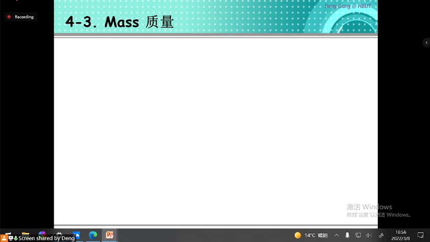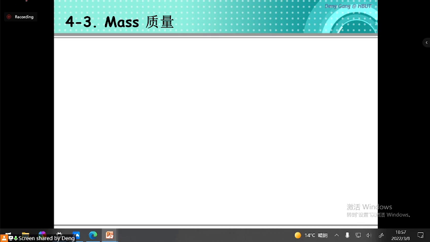So Newton's first law is about the case when there is no net force. But what if there is force? There can be several forces on this object. That needs to be explained by the second law. But before we discuss the second law, we need to know something like the mass.